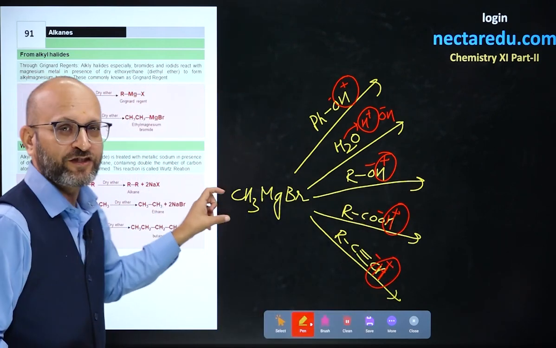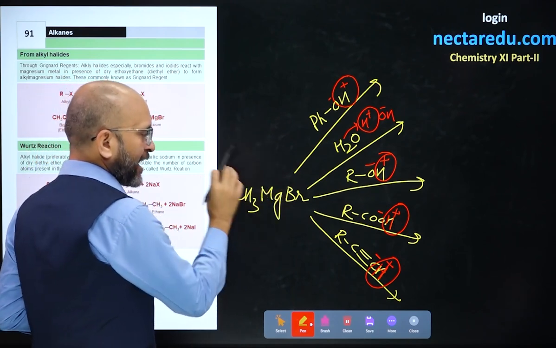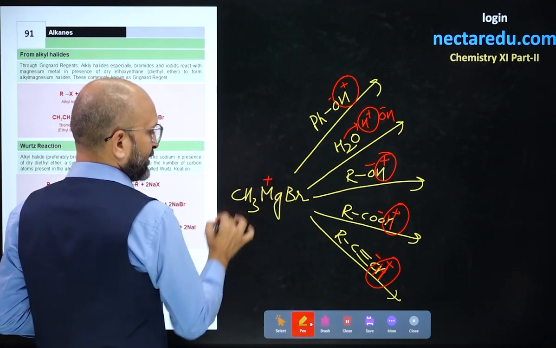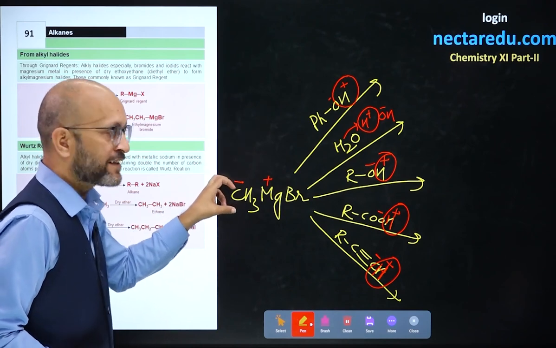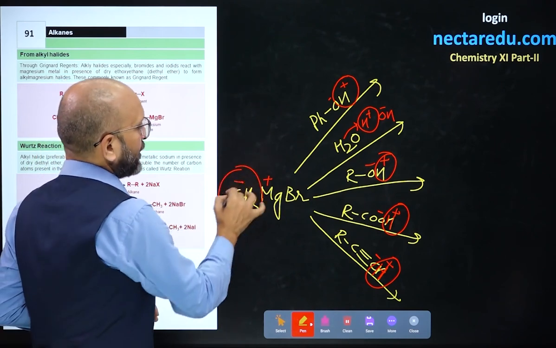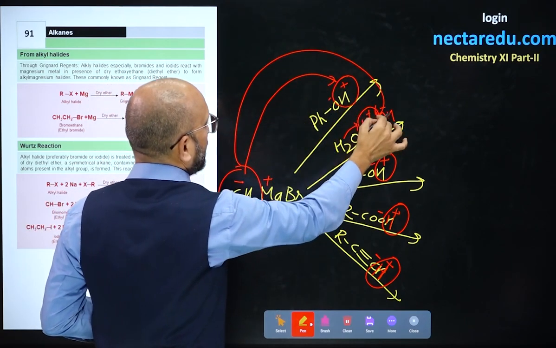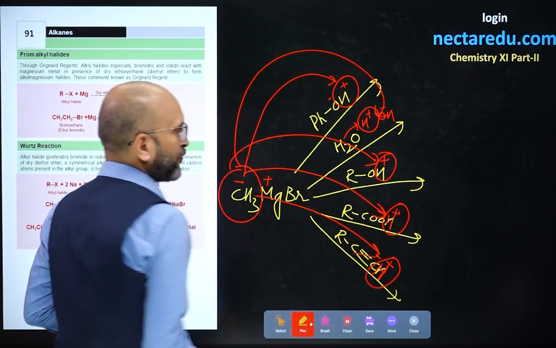In Grignard reagents, for example CH3MgBr, the carbon attached to magnesium breaks the bond like this, giving CH3 minus. The carbon which is attached to magnesium gets a negative charge. Now CH3 minus combines with H plus, and what do you get?